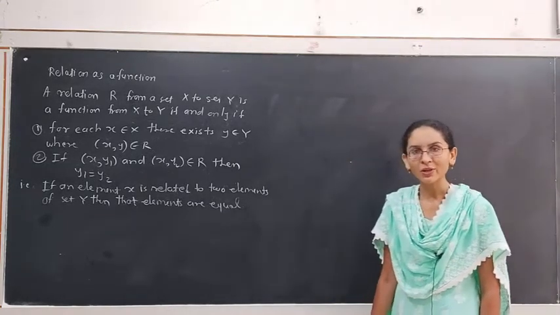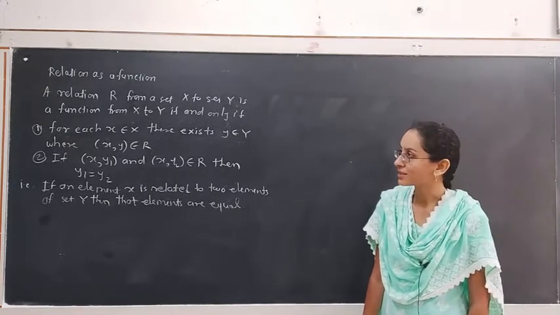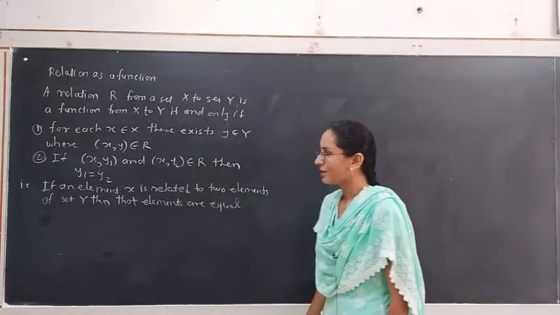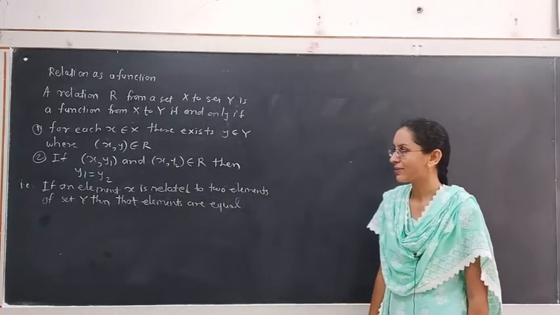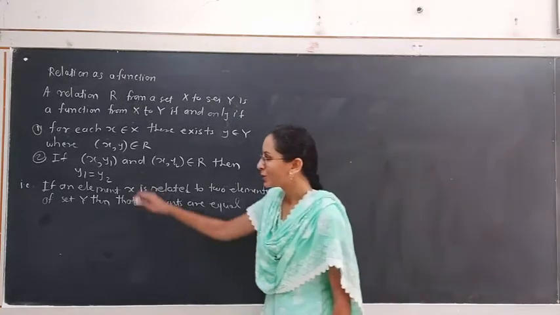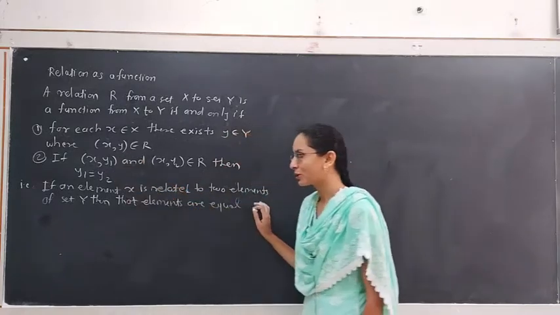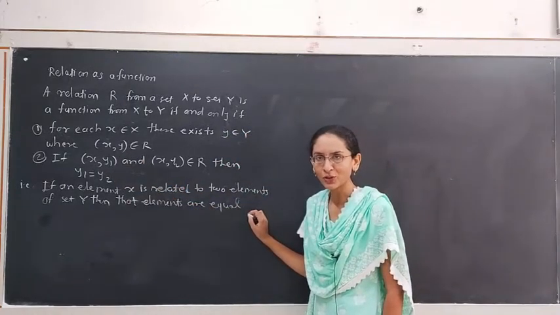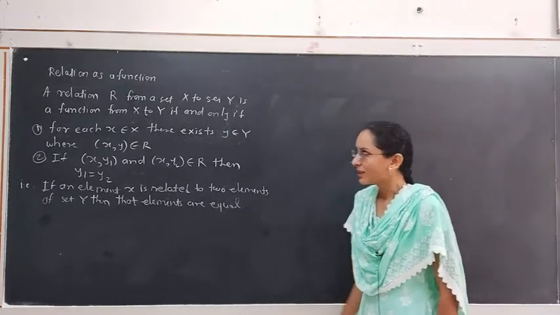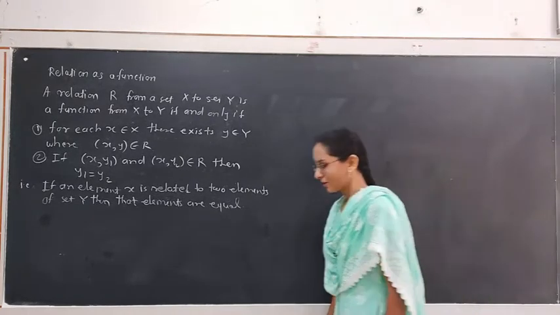First, for each x belongs to X, there exists some y belongs to Y where f of x is equal to y, or ordered pair (x, y) belongs to R. Second point is, if two ordered pairs (x, y1) and (x, y2) belong to relation R, then y1 and y2 should be equal. That is, if one element of the set X is related to two elements of set Y, then those two elements should be equal elements. Then relation R is a function from set X to Y. We will see some examples.